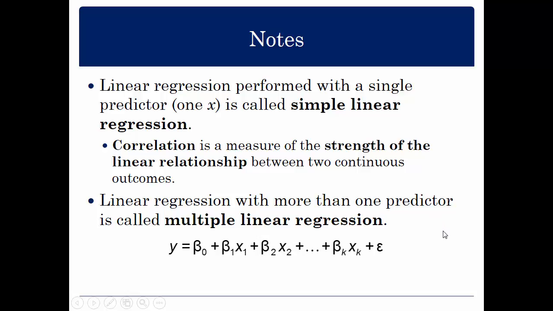If we took this and extended it out to the situation where we have more than one predictor, that's called multiple linear regression. So right now, the data that we have is simple linear regression. If we had more than one predictor, more than one X, we would have multiple linear regression.